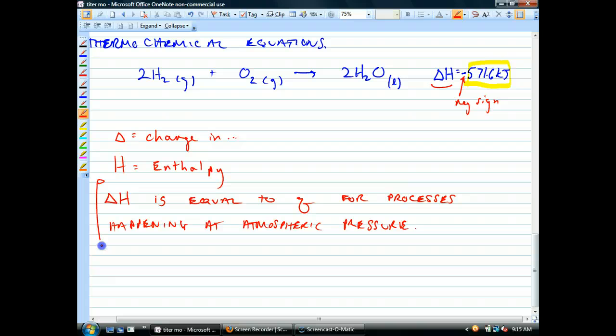But this is what you need to know, because all the stuff we're going to be doing this class is going to be at a constant atmospheric pressure, in other words, in open containers. Open containers.